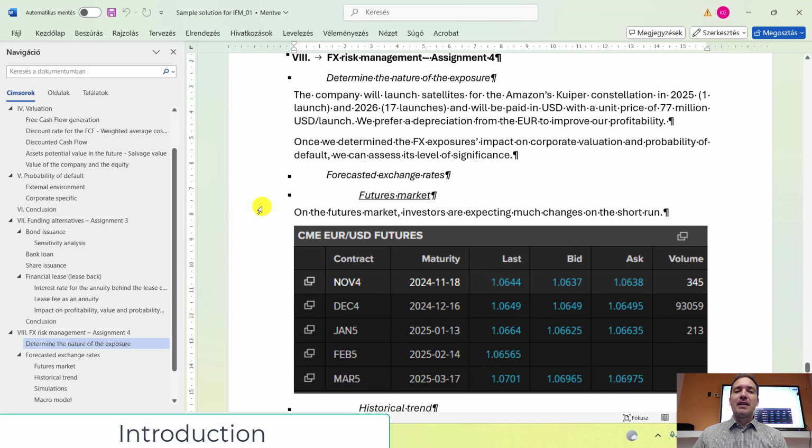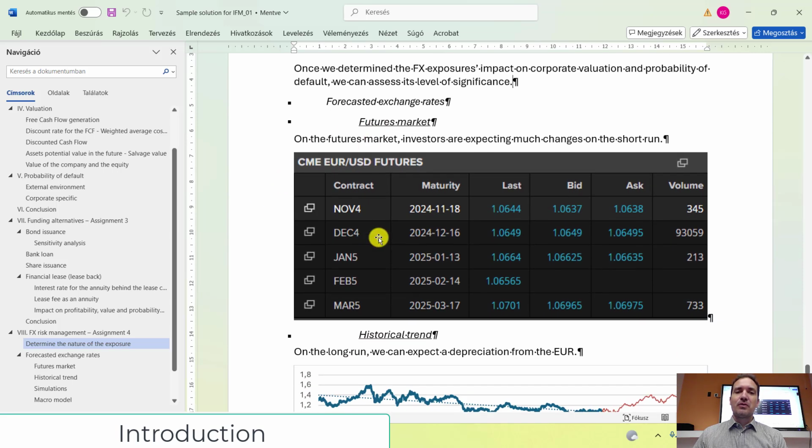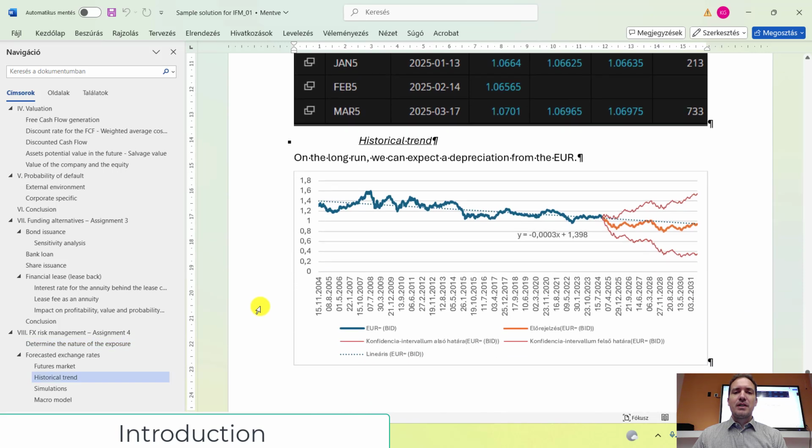And if we need data, then we can go to the futures market. So this is what I downloaded last time, that we can have such bid-ask data. So in this case, we have to go for the bid values. We have also the historical trend, which suggests that during the foreseeable future, there will be a depreciation in terms of the euro.